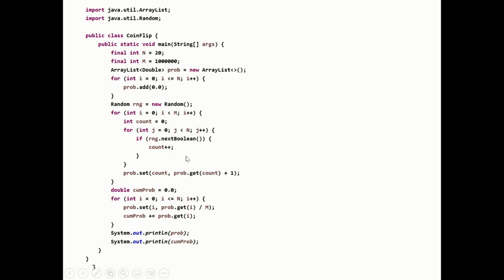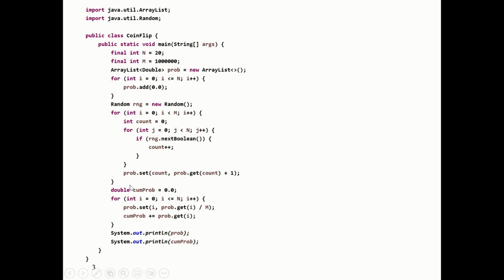Now to simulate flipping a coin, you just need a random value that's true or false. So we can use nextBoolean to get a random true-false value. If we see true, we're just going to assume it's a head. Otherwise, it's a tail. So every time we see a head, we're going to add 1 to the count. Then you go into your table and get the current count, add 1 to it, and put it back into the table using set.